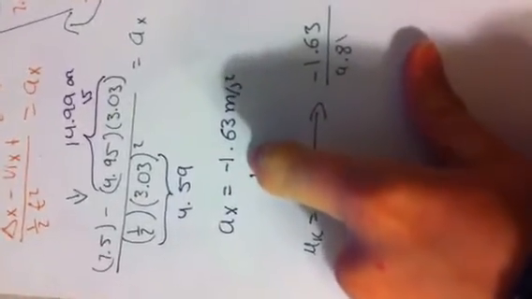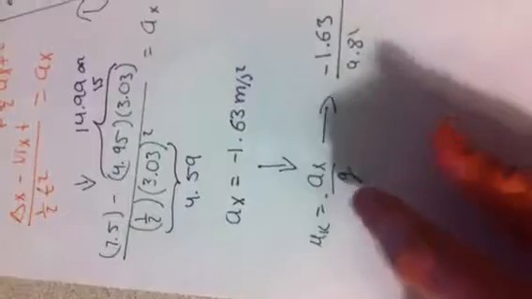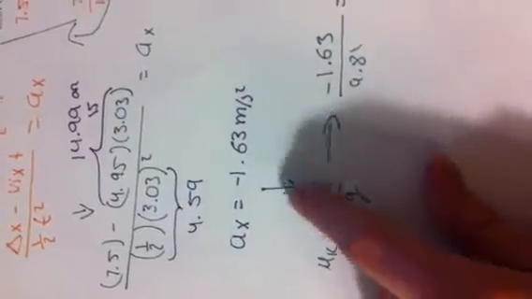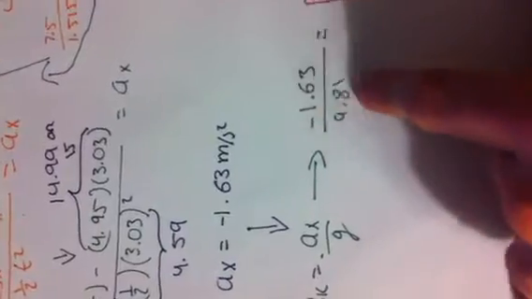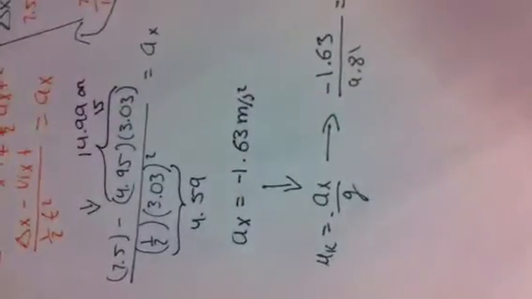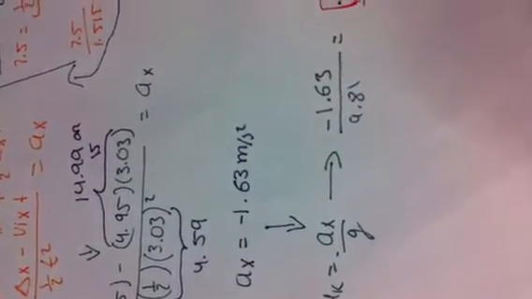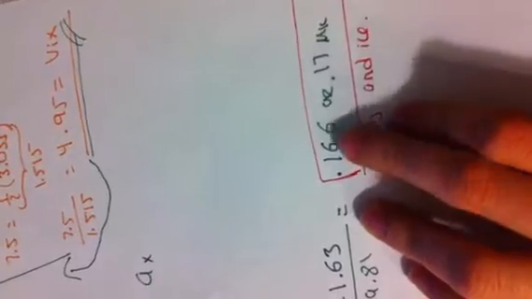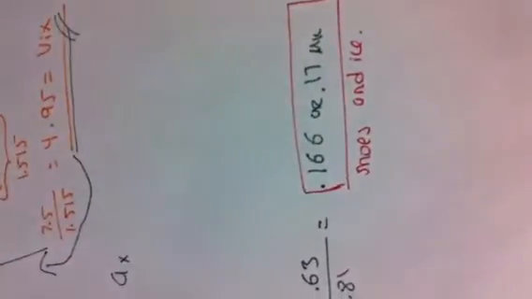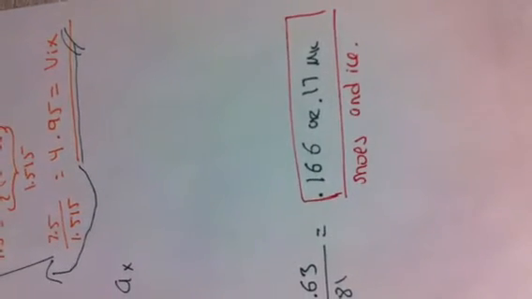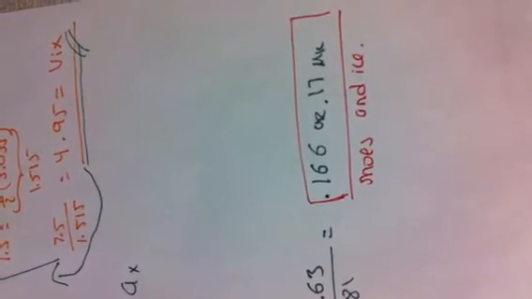This should be positive, but that's okay because the coefficient mu k equals negative a x over g. So here we could plug it in negative. Yes, it works. And then we get 0.17 for the coefficient of friction of the shoes on the ice.